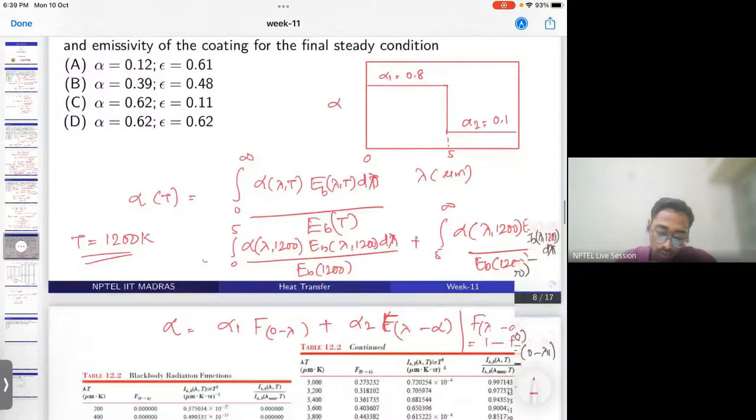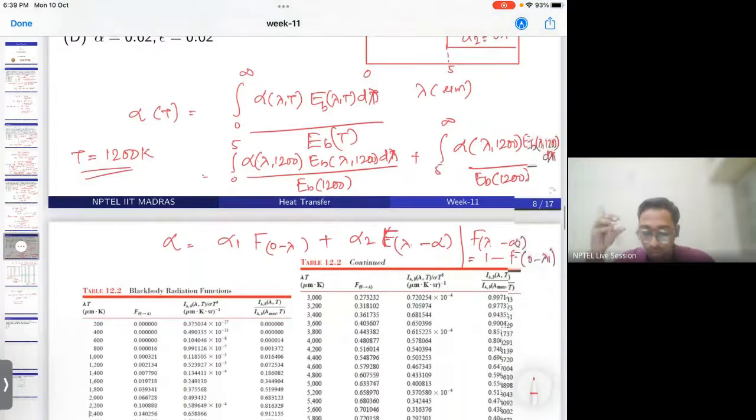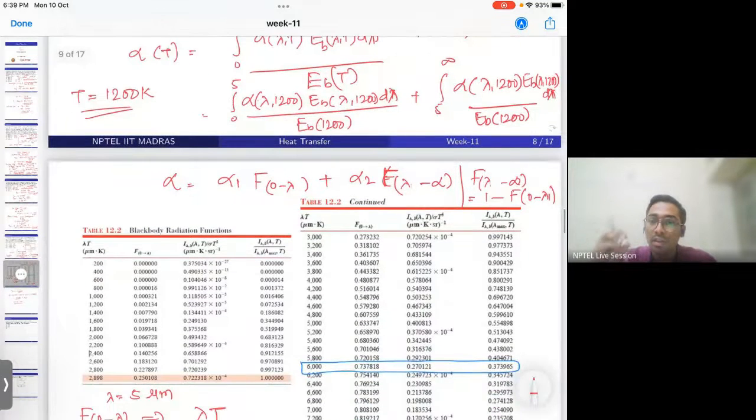So when we calculate the emissivity, that is the emissivity of the ball, at which temperature? Initially the ball is at 300 Kelvin. So when we use the black body radiation function, we should consider lambda T, that is lambda as 5 into the temperature as 300.